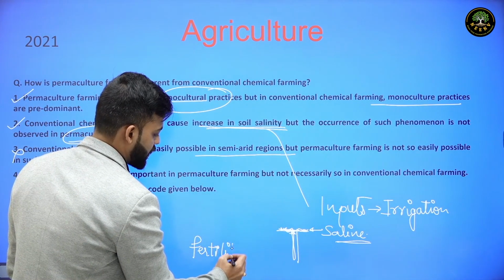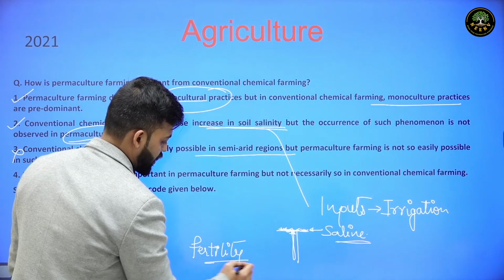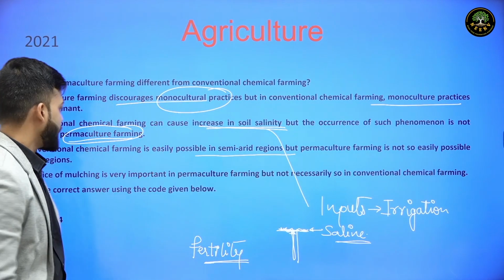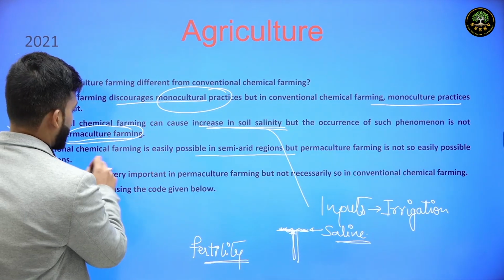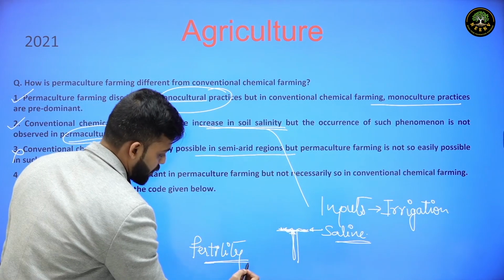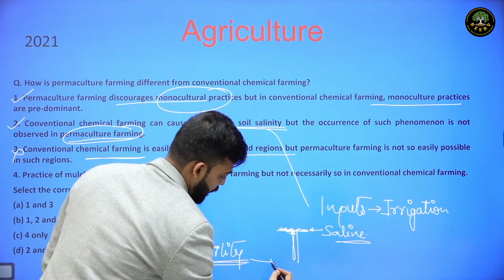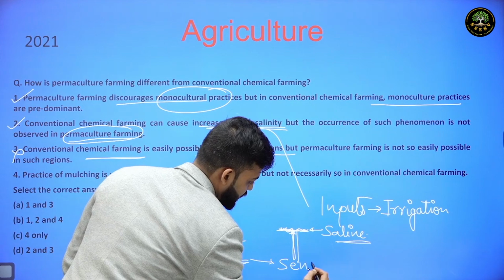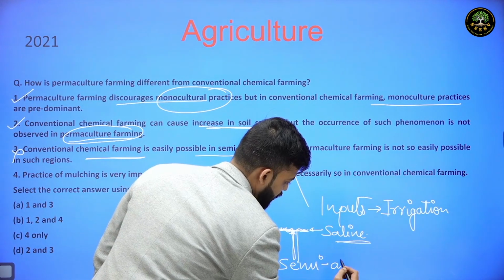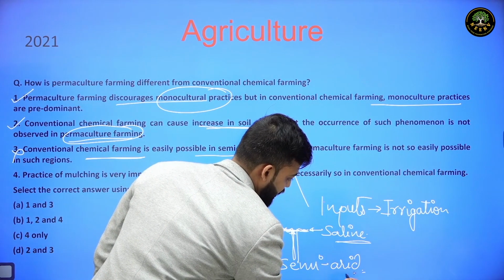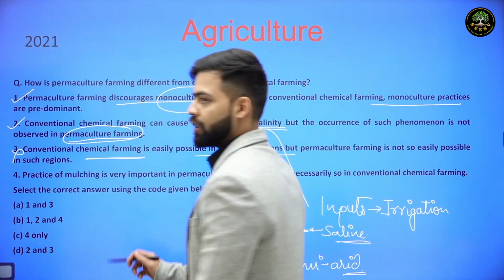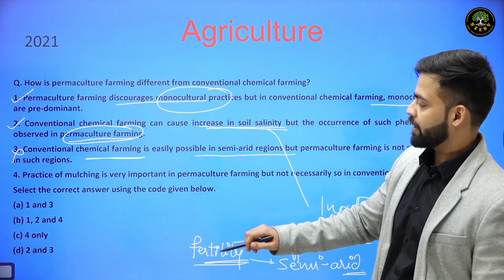Soil fertility declines at a fast pace as far as conventional chemical farming is concerned. Because of this, it is not possible in semi-arid regions, whereas permaculture is basically a natural way of farming. So this is possible in semi-arid regions.